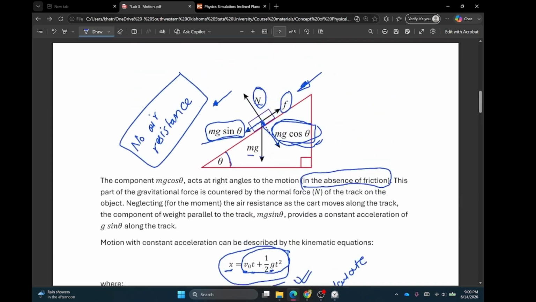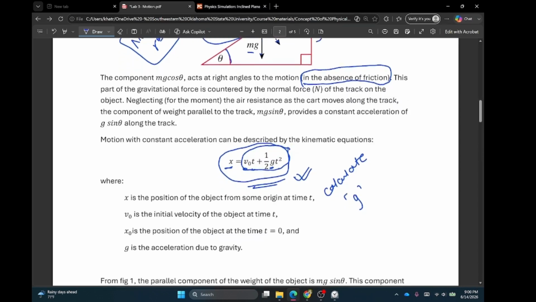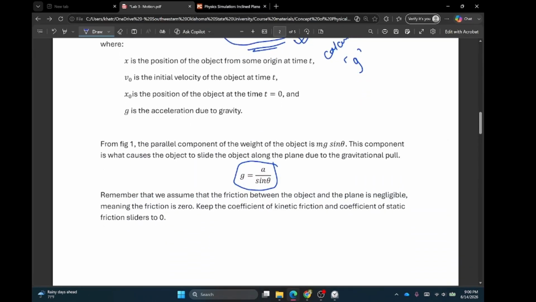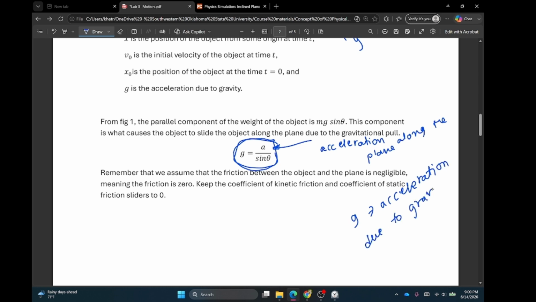We will also calculate g using this trigonometric relationship from here. So if this component is what is causing the acceleration along the surface, we can establish a relationship here: a is equal to g sine theta, where a is the acceleration along the plane and g is acceleration due to gravity.